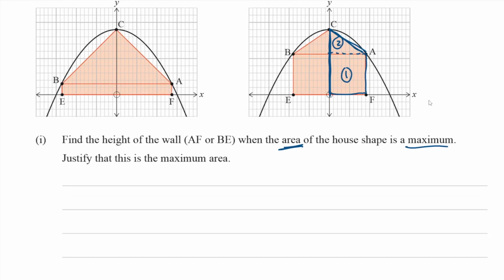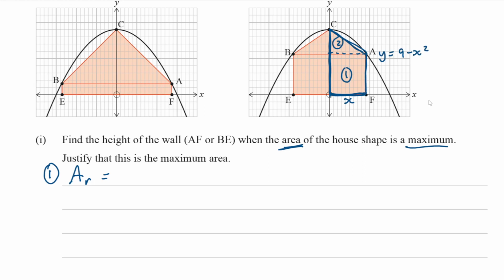Alright, so for part 1, the rectangle. The area of the rectangle is base times height, where the base is the x value of F. So that base is our x value. The height is the y value, which we know is 9 minus x squared.